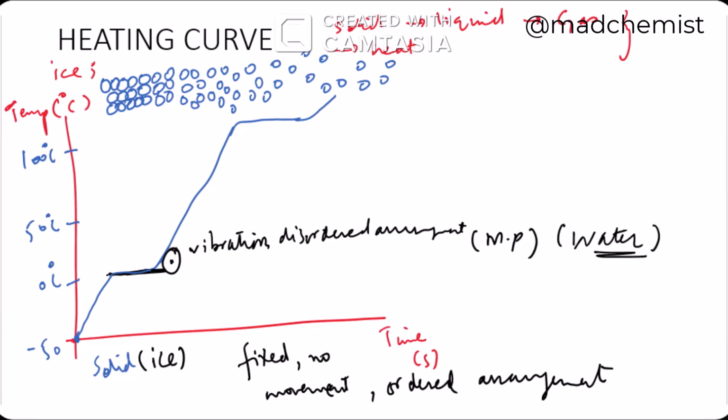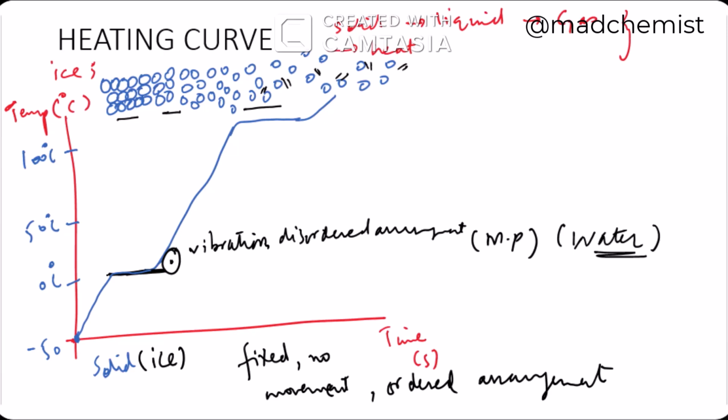The particles, while in their fixed position, are shown in disordered form with some vibratory movements, and hence at the end they are shown very distant from each other, with more vigorous movements, and at the end there are no specific forces of attraction ultimately.